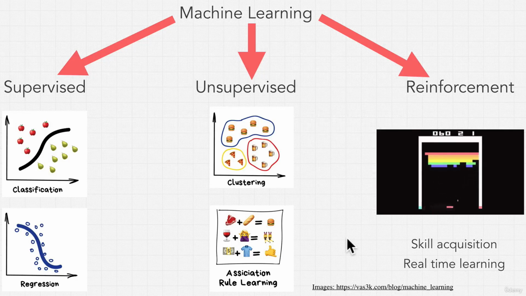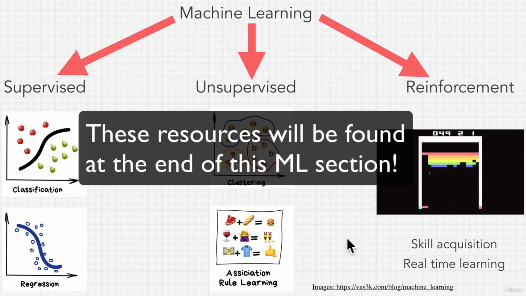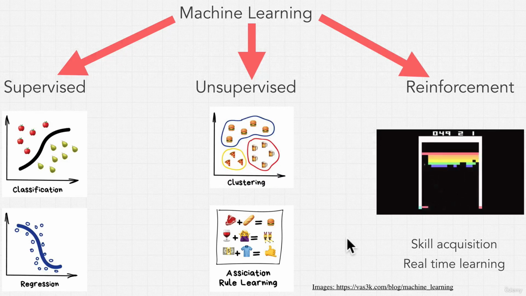Now, I'll link to a resource so that you can dive into these topics more deeply. And we'll actually talk about this a little bit more and understand them a lot better once we go through some of the exercises. But the idea here is that machine learning has different categories and different ways to accomplish its goal.